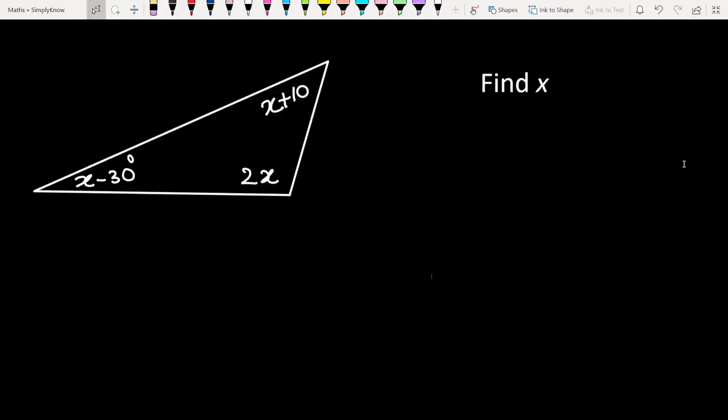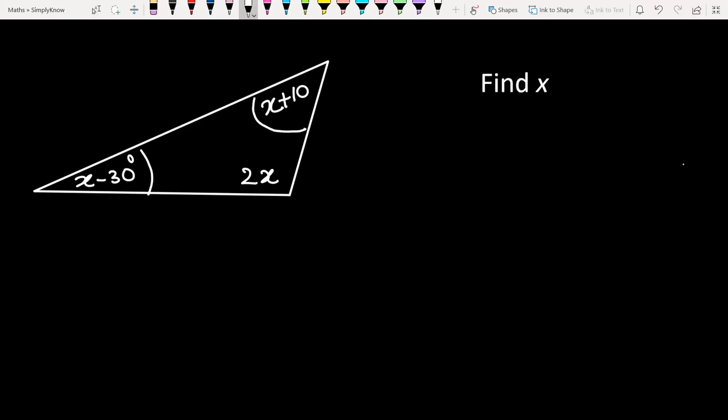What about this example? Shall we find the value for x? So we know that according to our theorem, the sum of the interior angles of a triangle is 180 degrees. Here, what are our interior angles? This one is x minus 30 degrees.